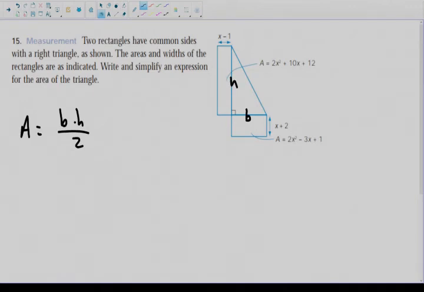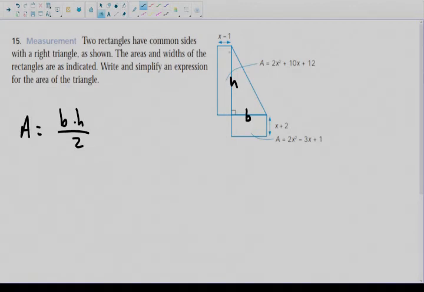So now I have to try to figure out how am I going to find those things. Well, if we just concentrate on the base here, they gave me the area of the rectangle, and the rectangle is connected to the base, so they share a side length. So that means if I can find the side length of that rectangle, then I found also the base of the triangle.